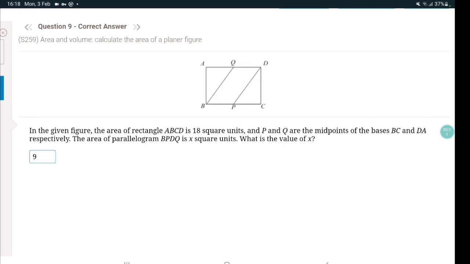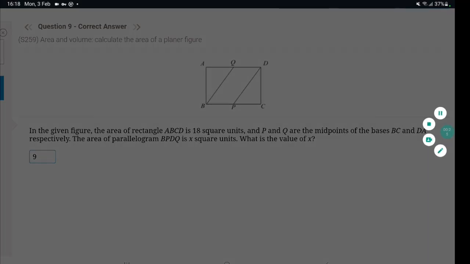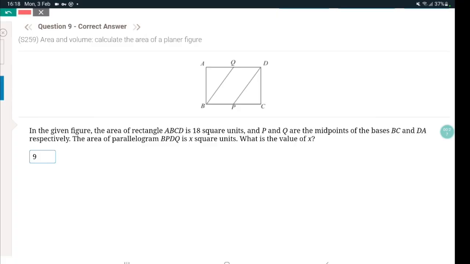They're saying that the area of this rectangle ABCD is equal to 18. So length times width of this rectangle is equal to 18.